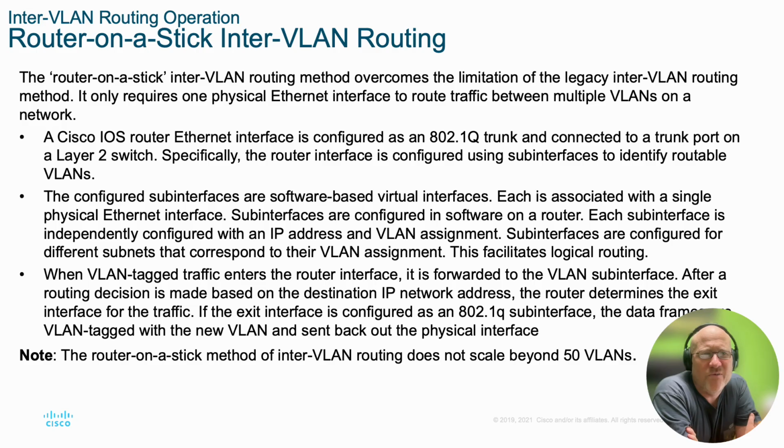Inter-VLAN routing relies on .1Q trunking, 802.1Q from the IEEE standards. And basically it's an open standard requirement. All manufacturers will handle it, and it basically tags each of the frames with an additional VLAN identifier.